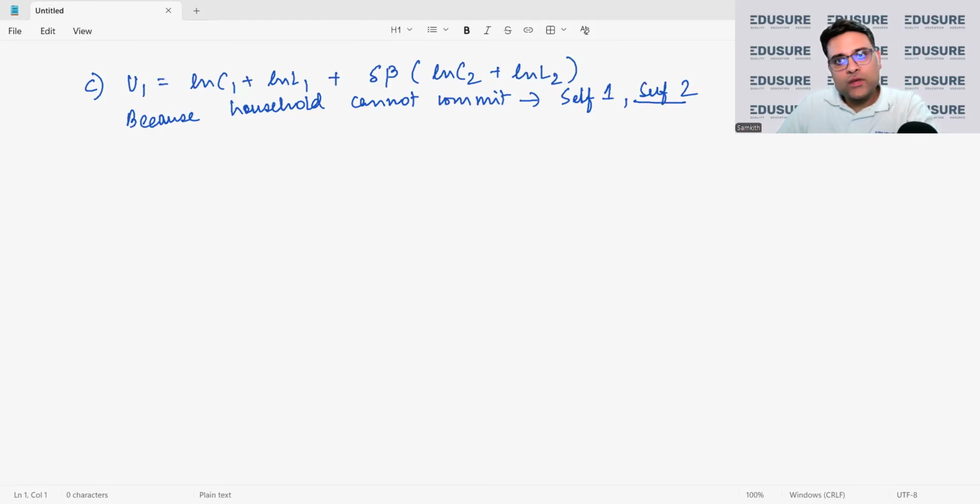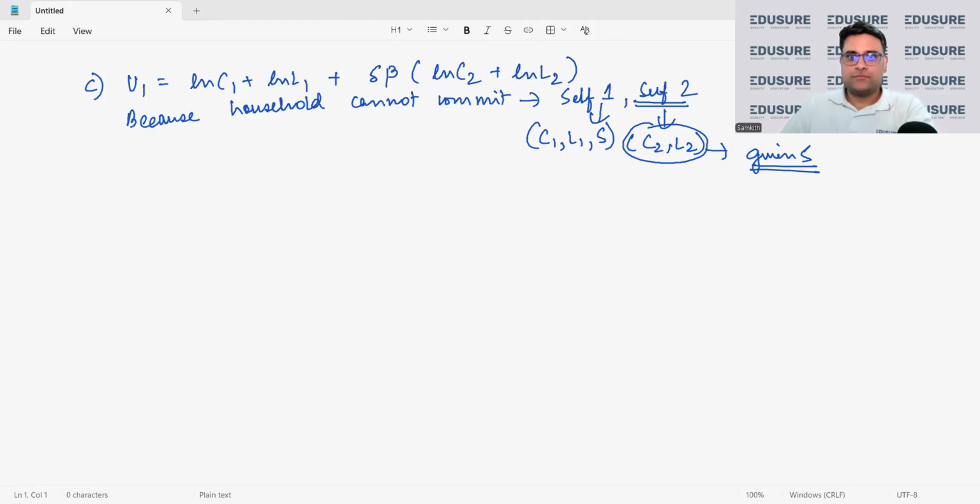What is self 2 doing? Self 2 is choosing only C2 and L2. Self 1 is choosing C1, L1 and S. Okay. So what do we do first? We solve for C2, L2 given S. Okay. So we'll solve this first.